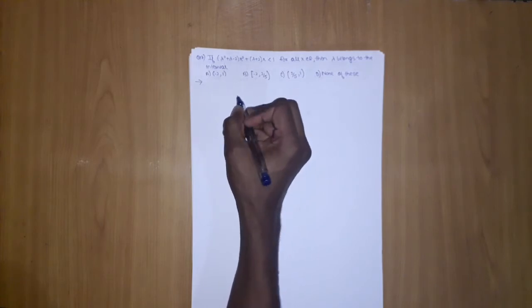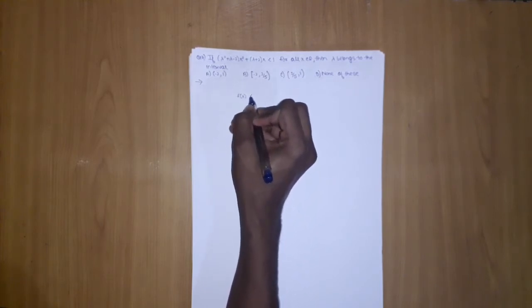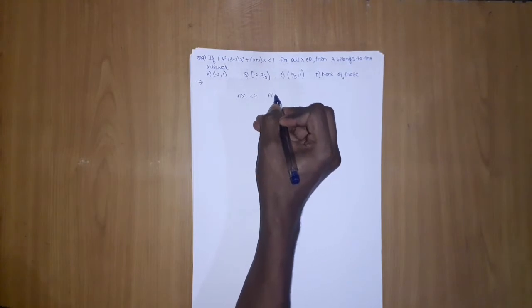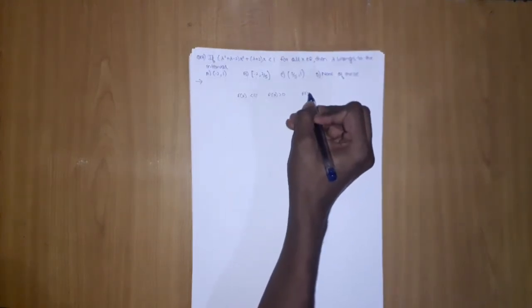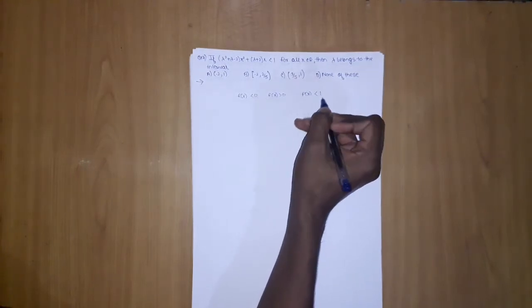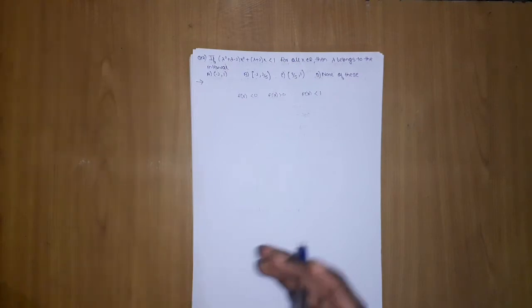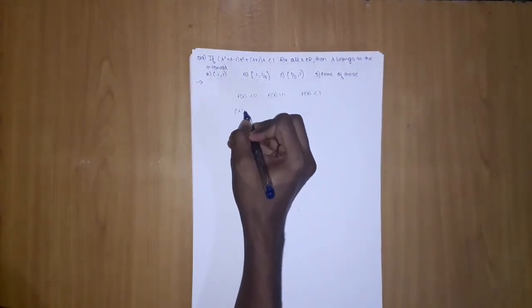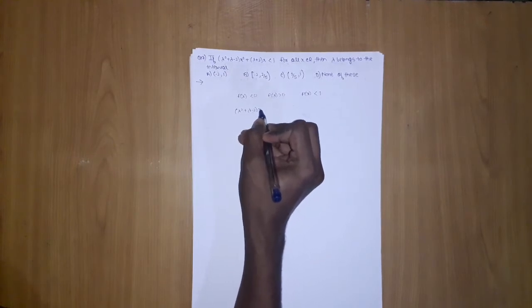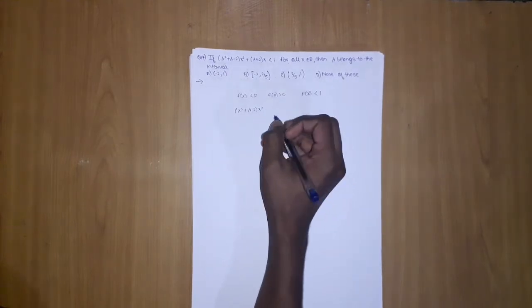If we take a quadratic f of x, we have learned the cases f of x less than 0 and f of x greater than 0. Here they have given f of x less than 1, but we will create f of x less than 0, because for that we know the conditions. So we will take the 1 to the left side.